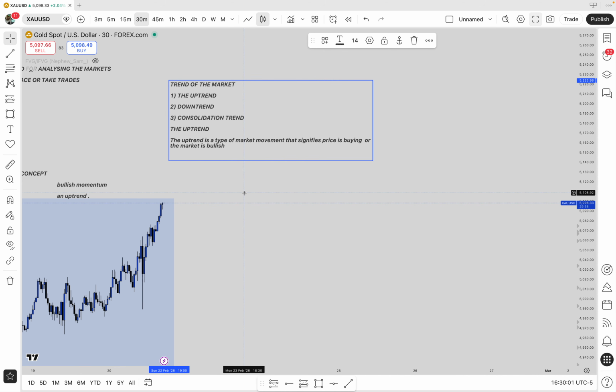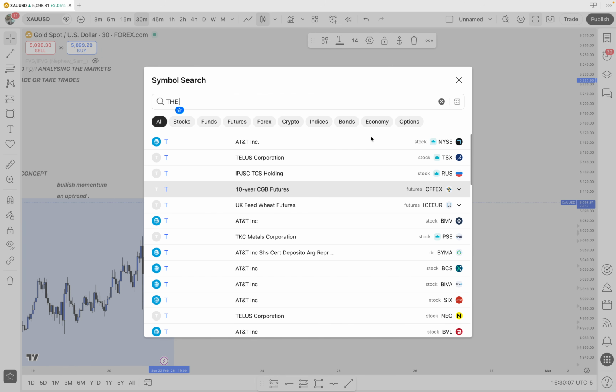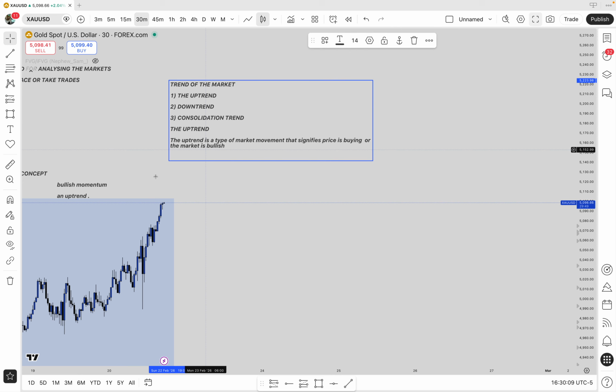Now, we have the downtrend, right? Or the bearish movement, right? That's what they do call that, the pros and stuff like that. So we simply have the downtrend market. Now, what's the downtrend all about?